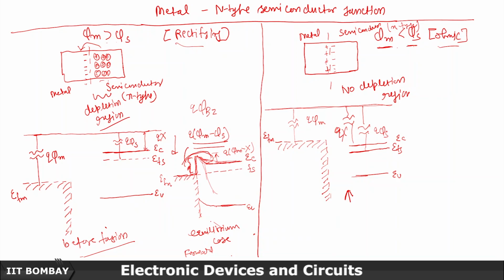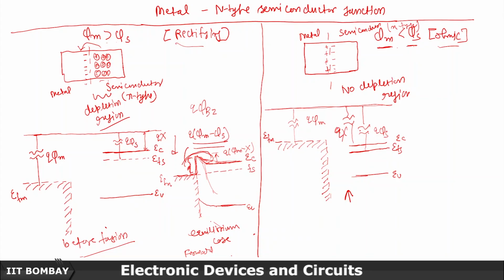So electrons are moving from metal to the semiconductor in this case initially, just as soon as you bring them together to attain the thermal equilibrium. Here it's the other way around, that the electrons are moving from semiconductor to the metal. So what will happen here, this Fermi energy level and these levels will shift up.